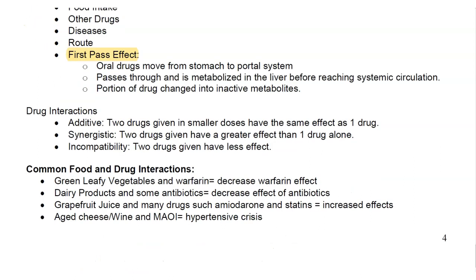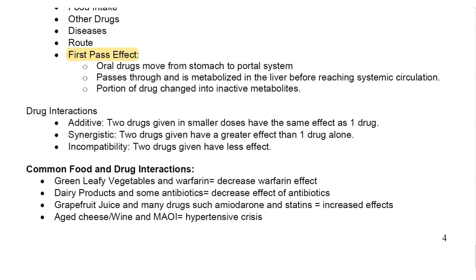Drug interactions. Interactions of drugs with each other can be additive, synergistic, or incompatible. Additive is when two drugs are given in smaller doses and basically have the same effect as one drug. Now, synergistic, on the other hand, may sound similar, but they're actually different.